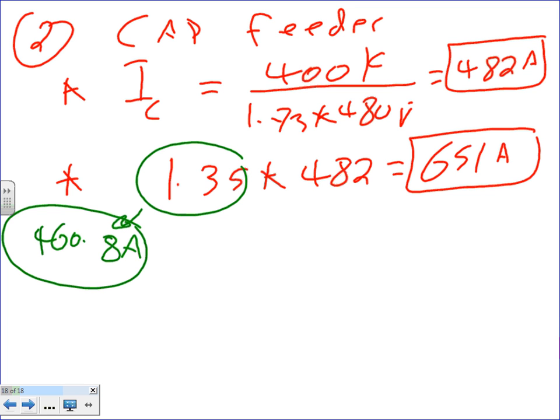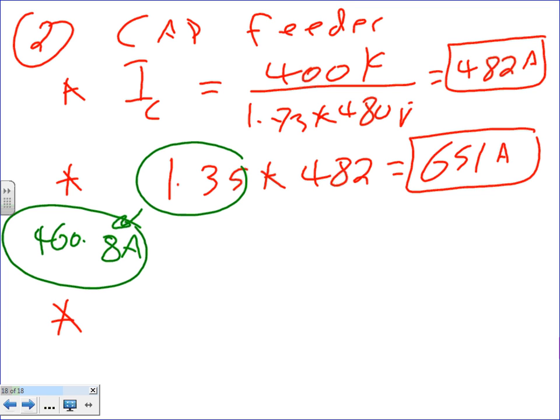The code talks about capacitors: the conductors have to be sized based on 1.35 times the full load current of the capacitor. So here's 651 amps. Everybody knows where that 1.35 came from.